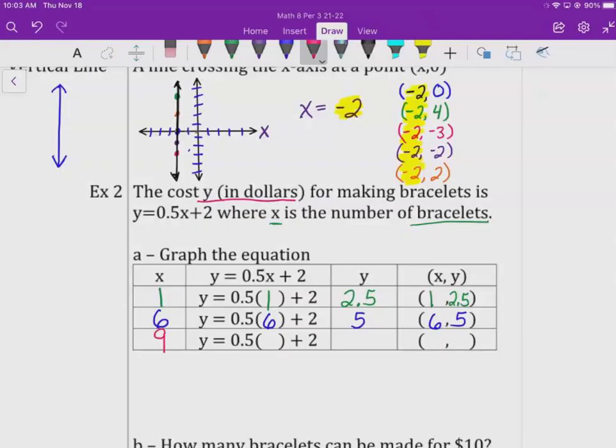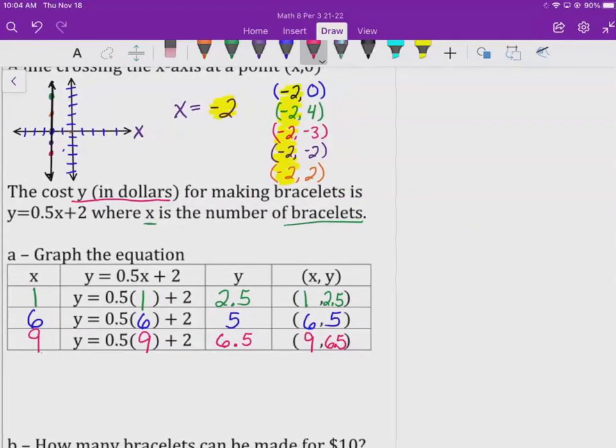So 9 goes in for X this time. Half of 9 is 4.5, plus 2 is 6 and 5/10. And I am going to teach you a trick that would take care of these fractions or decimals, and it would make your life very, very happy.